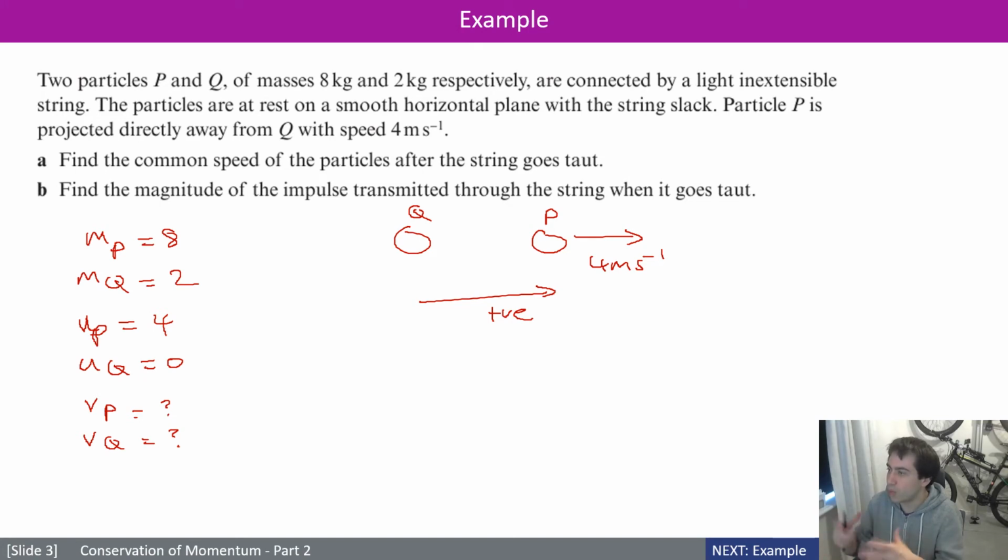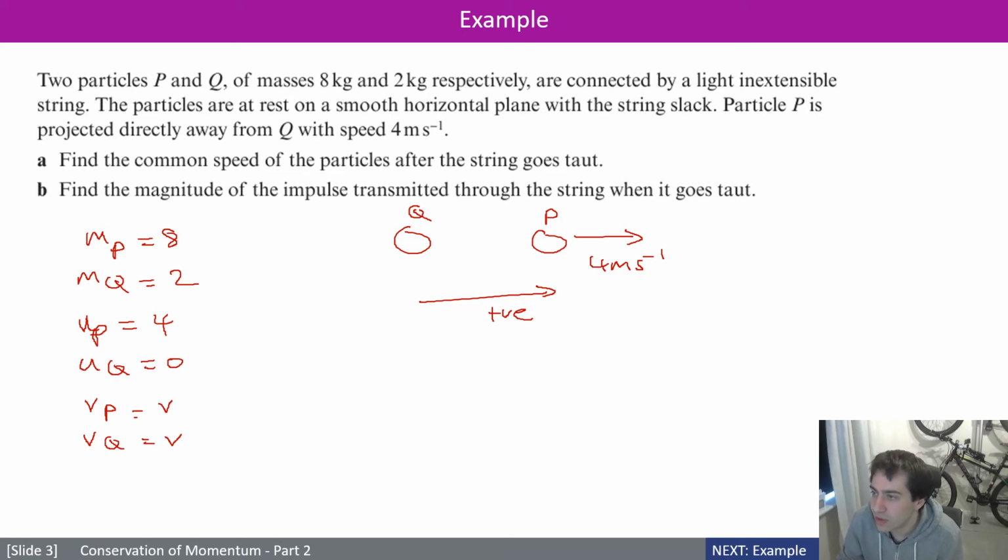They've almost become one in union with this string. So it's actually just one unknown, and we can just call it a single v without any subscript. So v p and v q are both this v. And then we can do the conservation of momentum equation again.